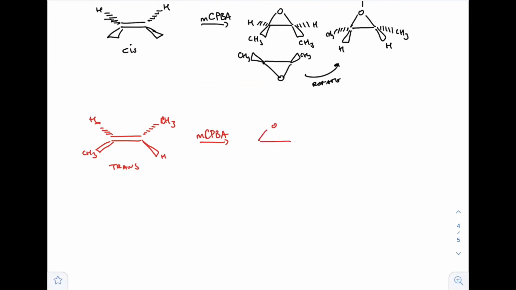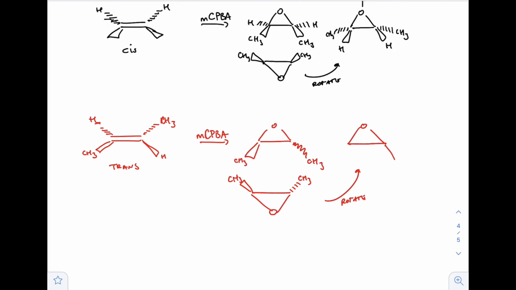All right, so what do we get when we have a trans alkene and we throw MCPBA at it? Again, we approach from the top and we get the oxygen on the top, and if we throw it on the bottom, we'll still get the methyls as a wedge and a dash. Sorry if that wasn't clear the way I did it initially. And then if you rotate, you end up with the wedge on the right and the dash on the left.